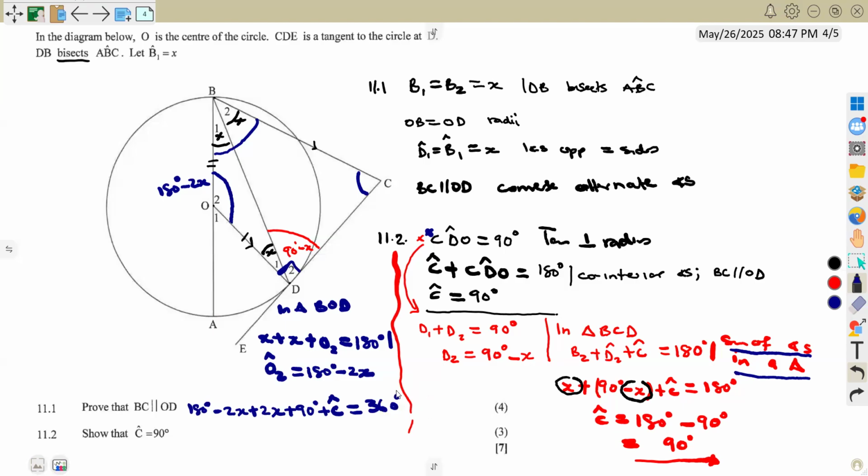Then what could be the reason for that? It's sum of angles in a quadrilateral.